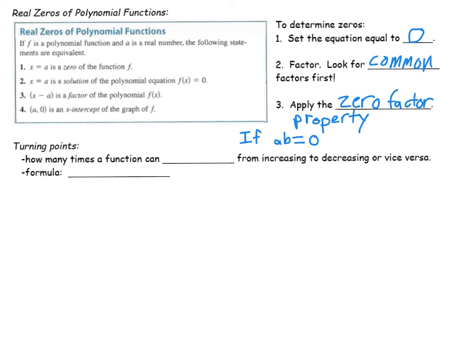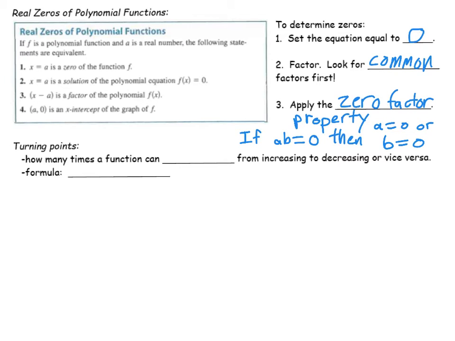If you have two expressions that are being multiplied, okay, and their product is 0, this tells you one of two things. Okay, so when it comes to finding zeros for polynomials, it's a useful little statement for us, or a little property. It really does work nice, and if you think about it, you can convince yourself it's true.